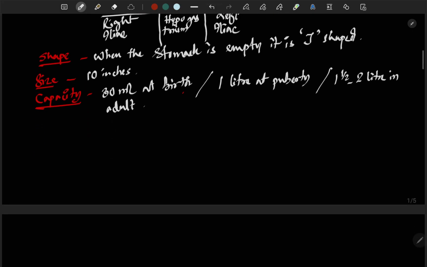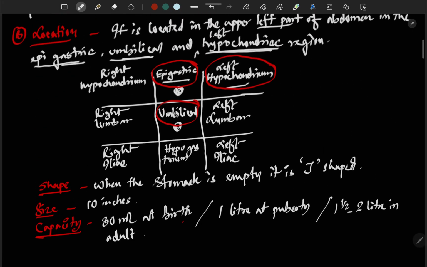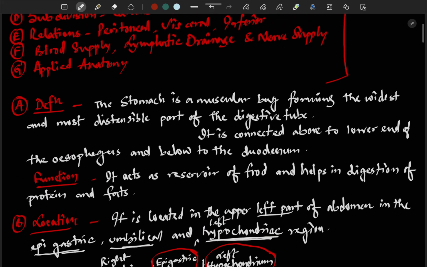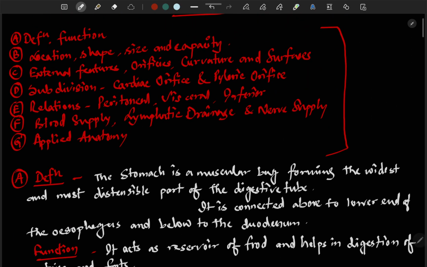So this is the capacity of the stomach. Next we will go to number C, the external features, orifices, curvature and surfaces.